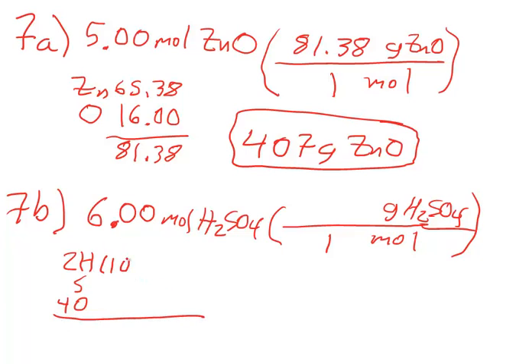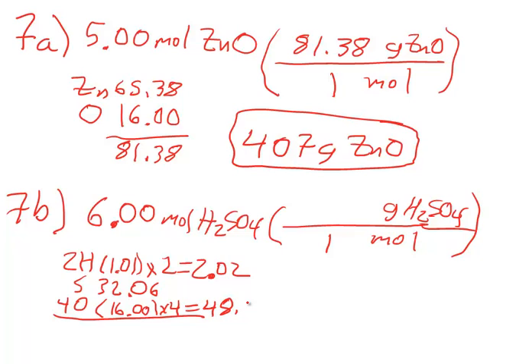H, 1.01 times 2 comes out to 2.02. Sulfur is 32.06. And oxygen 16.00 times 4, which comes out to 48 grams.